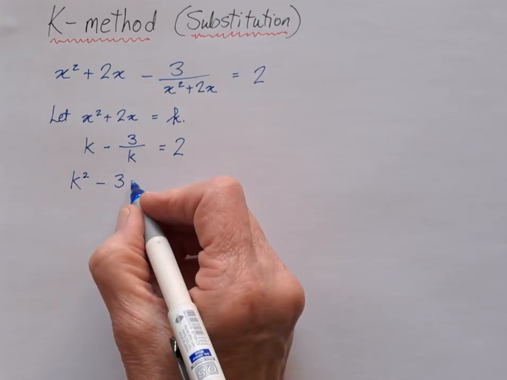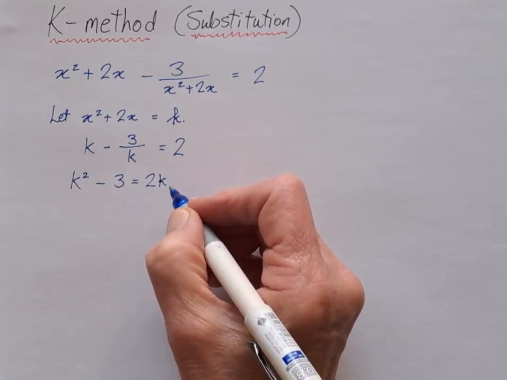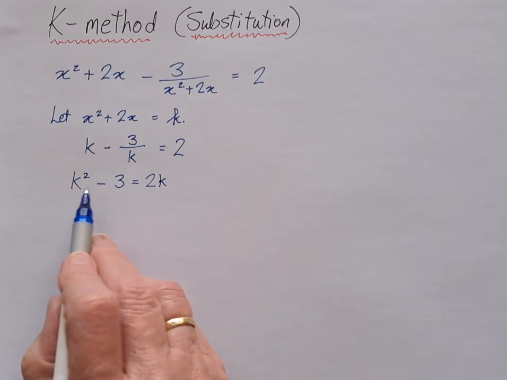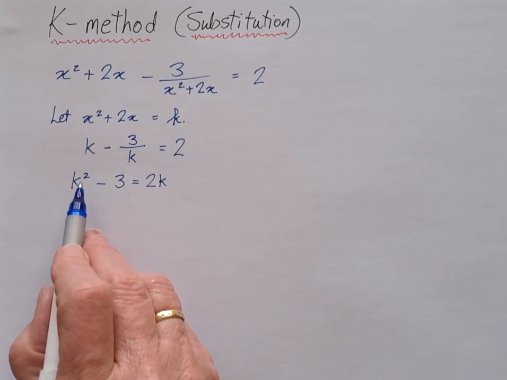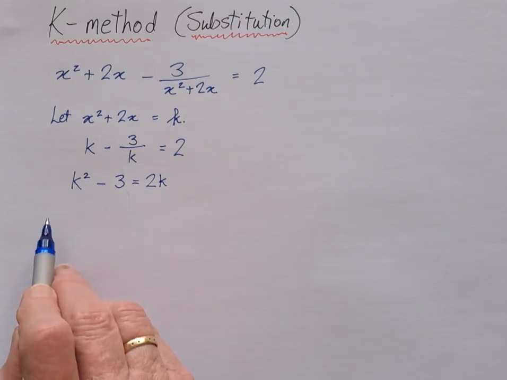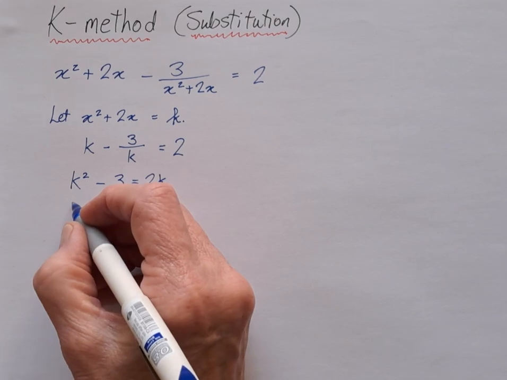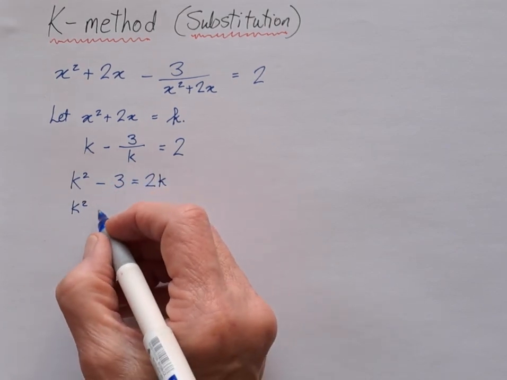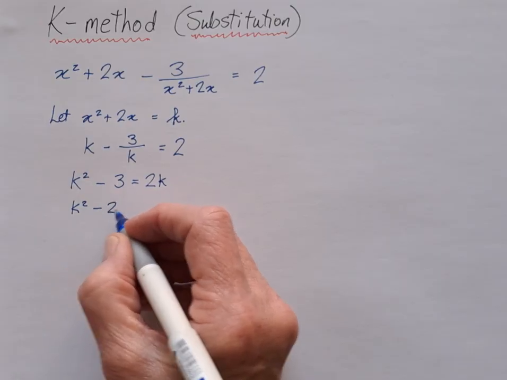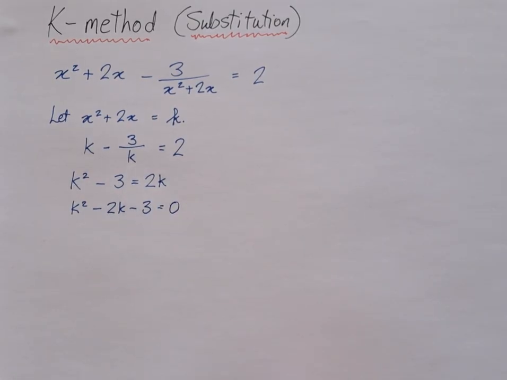That doesn't have a denominator, so the K can't cancel with anything, so I have 2K. Now I can see that it's a quadratic trinomial because it's got a K squared. I need to regroup everything nicely onto the left-hand side in the correct order and set the right-hand side equal to 0. So K squared, then I need my K term next. It's coming across the equal sign, so it's minus 3 equals 0.